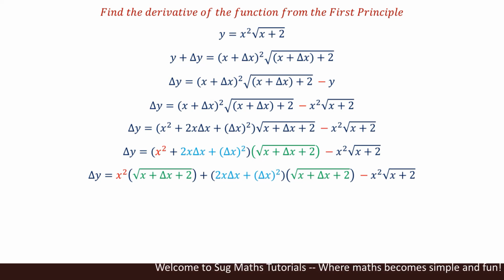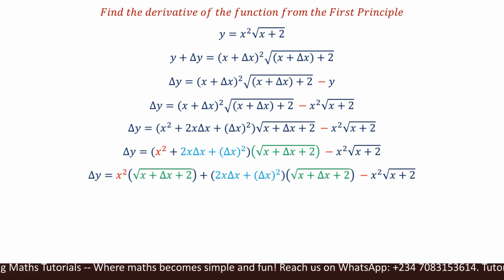I don't know if you understand what I did here. So here, instead of using this root outside to multiply all the terms in the bracket, I use the root to multiply the first term and then the other two terms, okay? And this is what we have. All right, it's still the same thing.